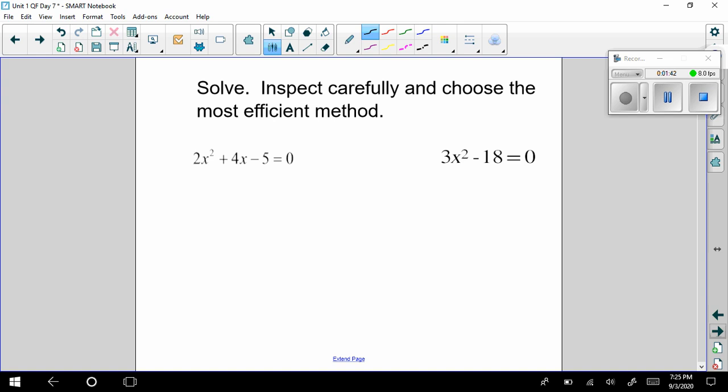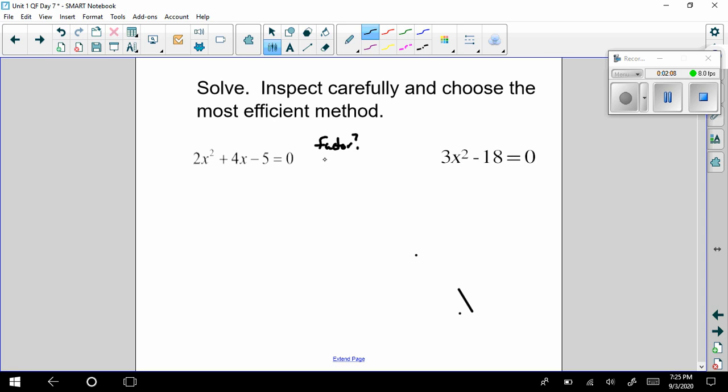All right, so we're going to solve these and we're going to inspect them carefully and choose the most efficient method. So here we have 2x squared plus 4x minus 5. We have all three terms. So the first thing I would do is see if it factors. There's no greatest common factor.